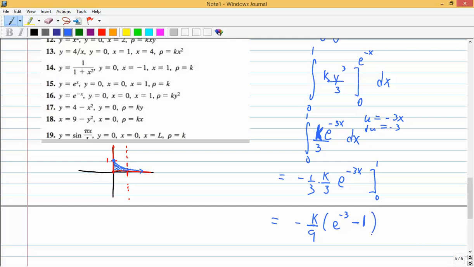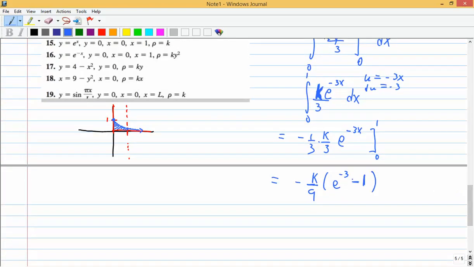Now, remember this mass is going to be positive, so the best way of writing this answer would be to factor a negative out of this, so that you would have a positive 1/9 on the outside, times 1 minus e to the negative 3, times k.